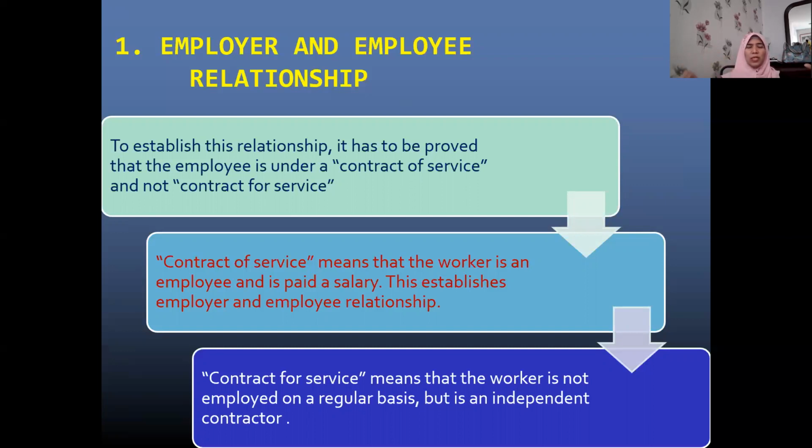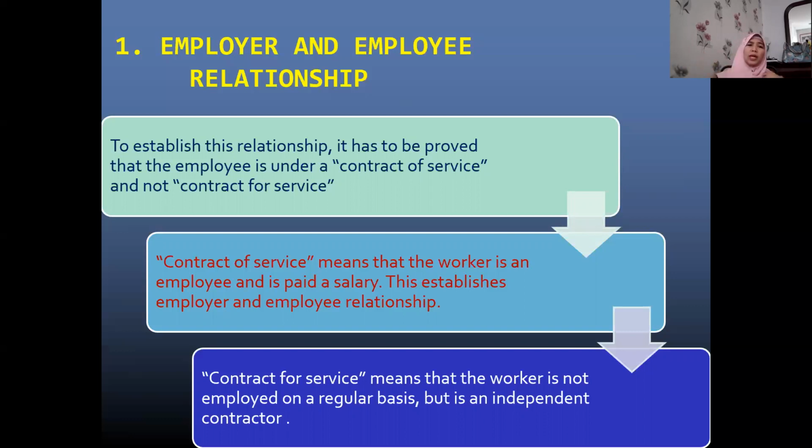And contract for service refers to whenever the worker is not employed on a regular basis, but actually the worker here is an independent contractor. So even though they are using the term employee, legally speaking, from the tax law perspective, this particular worker is actually an independent contractor.